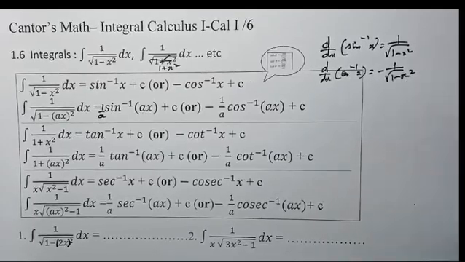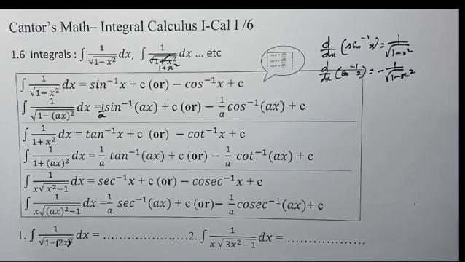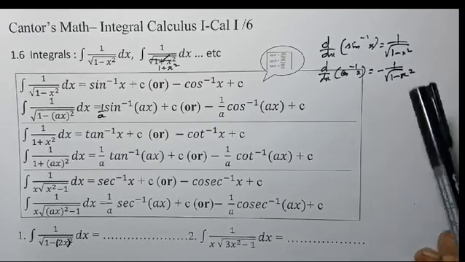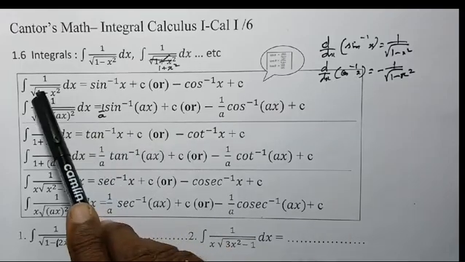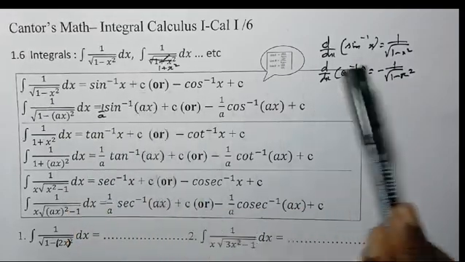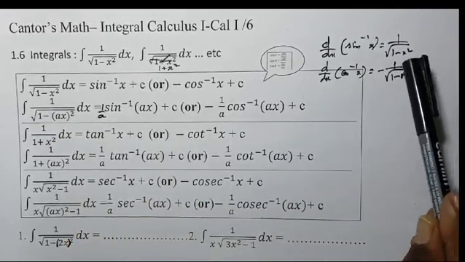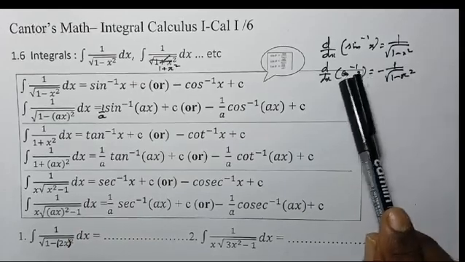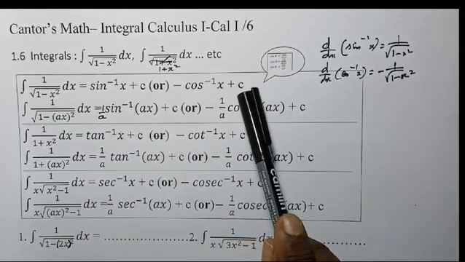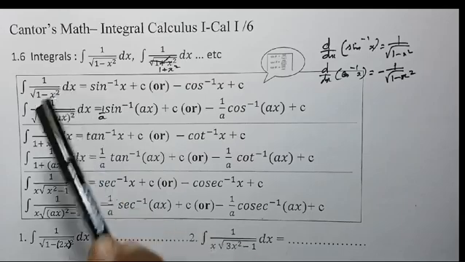Also, we know that integration is the reverse process of differentiation. Therefore, if you integrate 1 by root of 1 minus x squared, you will get sin inverse x plus c. Also, the same integral equals minus cos inverse x plus c. This is the general form.